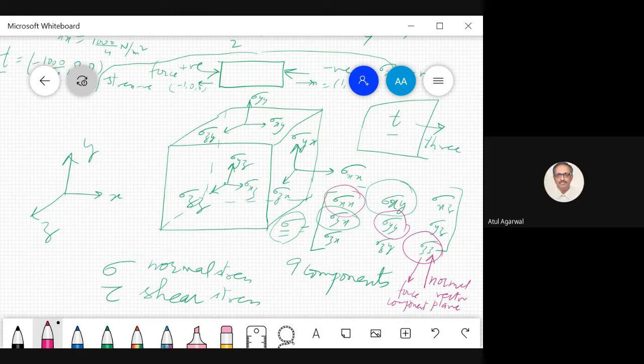So first column represents the stresses on the plane having normal vector in x direction.